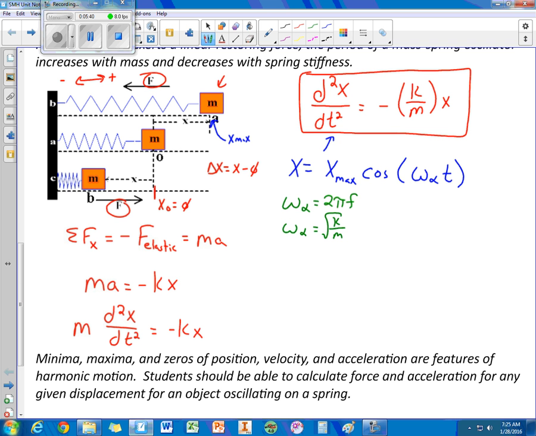Also remember that frequency equals 1 divided by the period. Okay, I'm going to combine these two real quick. So I get 2 pi f equals the square root of k over m. I'm going to then put in my 1 over period. So I get 2 pi times 1 over period equals square root of k over m. And then I'm going to solve this for period.